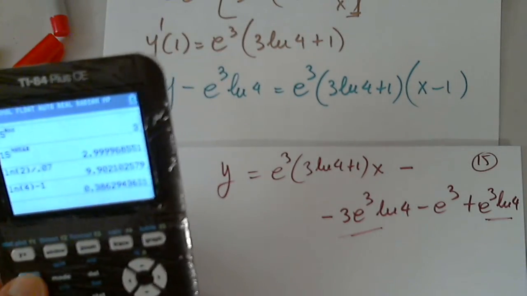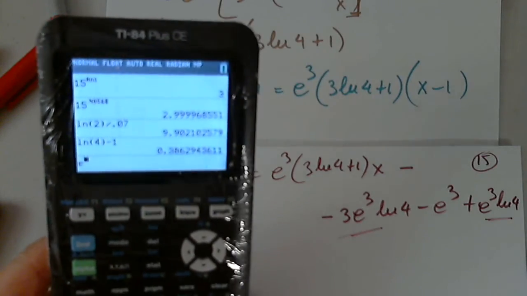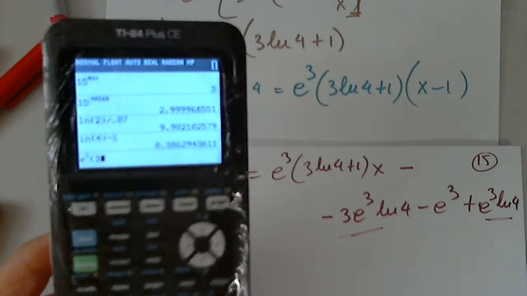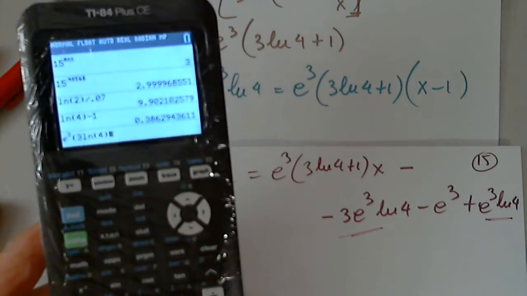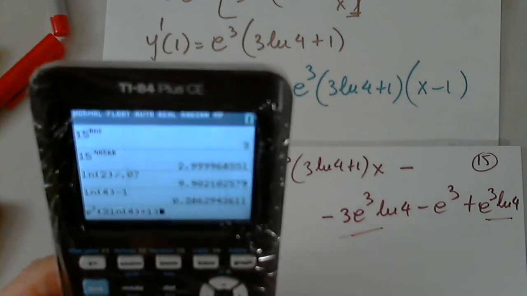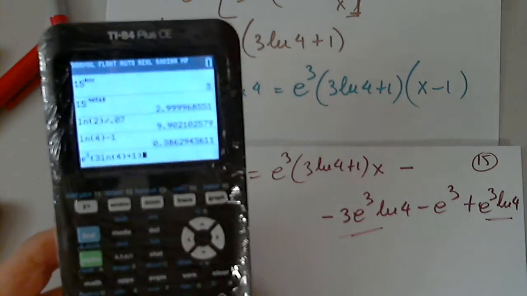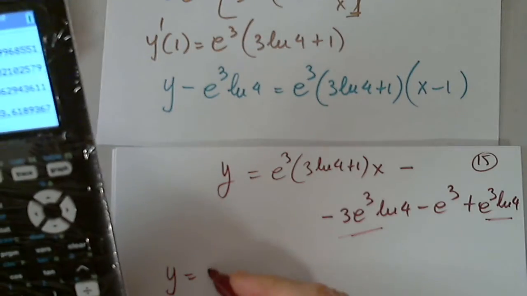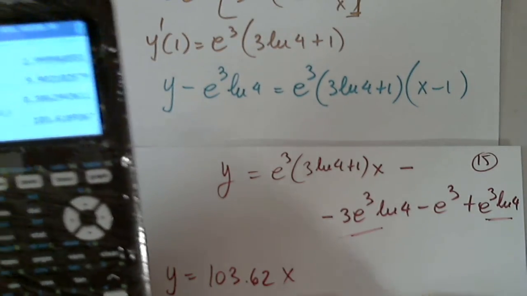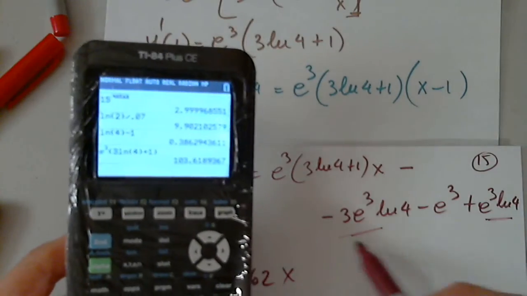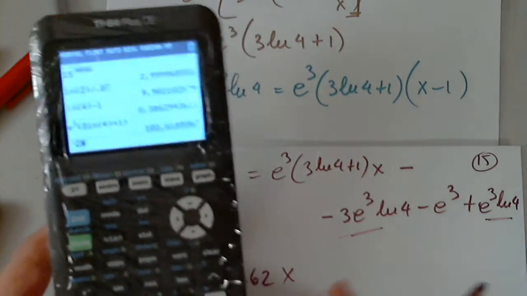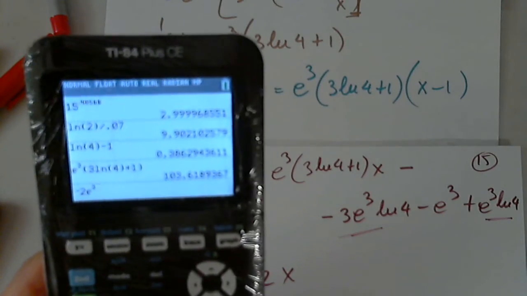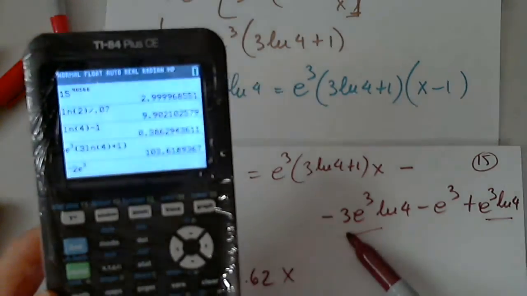So e to the third, where are you e? Here it is. E to the third, parentheses, 3 natural log 4, close, plus 1. 3 natural log 4 plus 1. Okay, so this is roughly 103.62 x. And now I calculate all this, but I have negative 2 e to the third, because it's negative 3 plus 1.